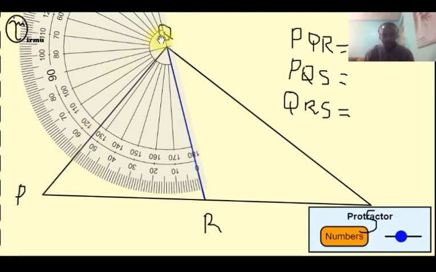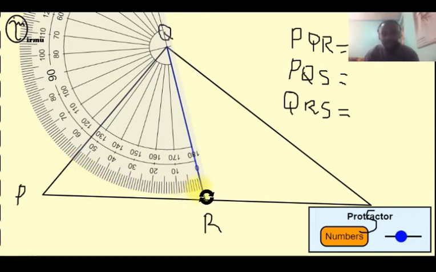So PQR, I've matched QR, and now I'm going to check what angle this one reads. Remember this time I'm using the outer scale because I'm growing from the 0 which is outside. So I'm going to count from the 0 all the way up to where we have this angle here.